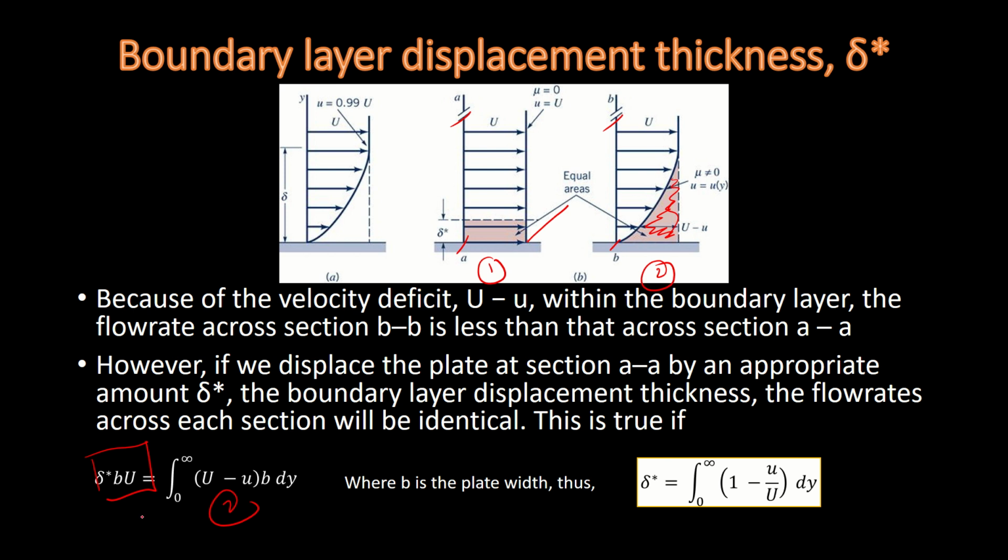Rearranging this equation, you will get the boundary layer displacement thickness delta star equal to the integral from 0 to infinity of 1 minus u over U dy, where u over U is the velocity based on the velocity profile.